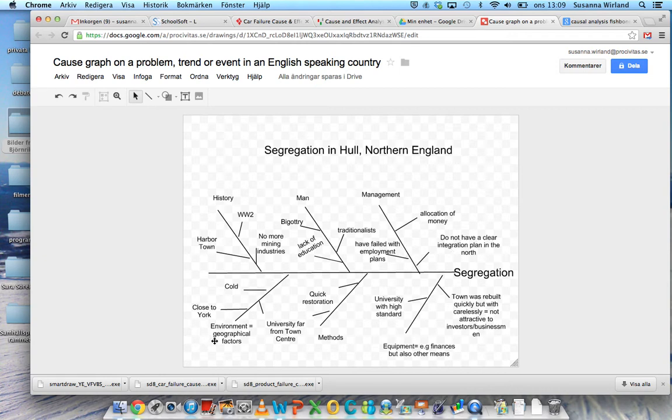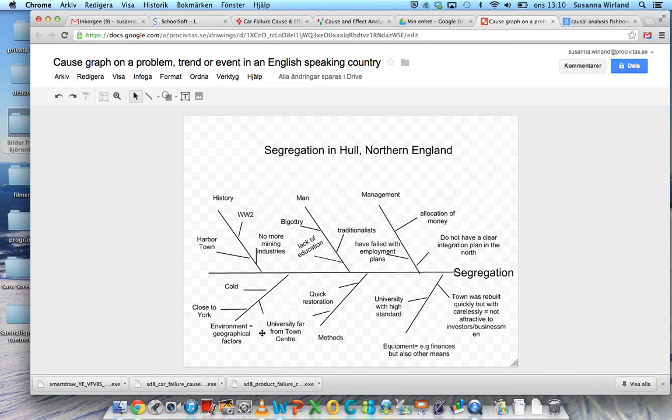What about environment? The geographical factors could also be social factors, of course. If we look at how it is in the north, it is a cold, desolate country, and the town is not attractive, how it is built. That could make people not want to move there. Also, it is close to York, which is a really attractive town, and if people choose to move to Northern England, they may choose York instead of Hull.